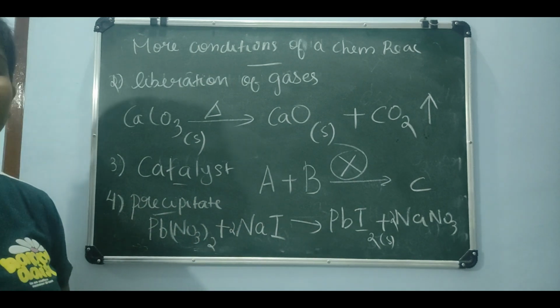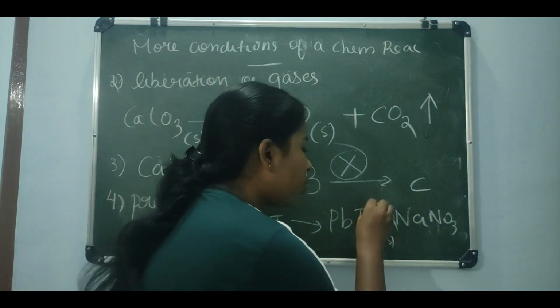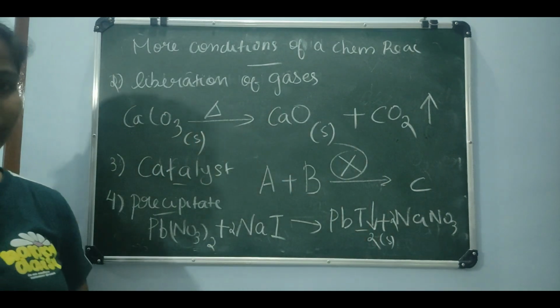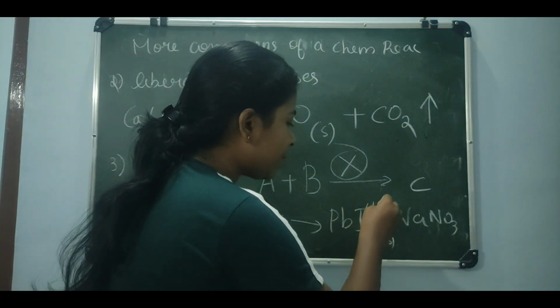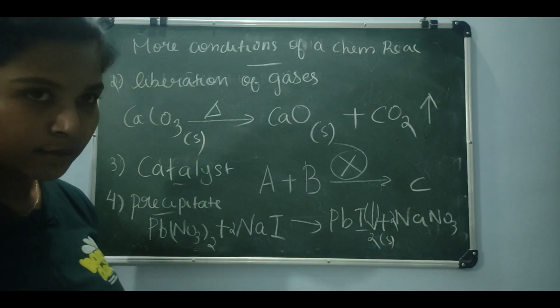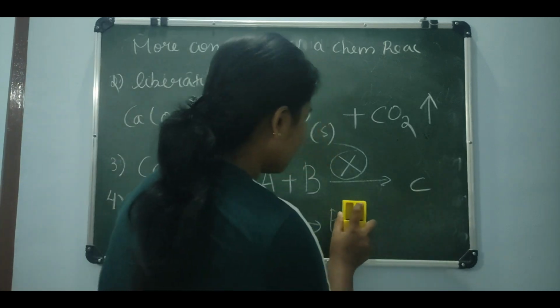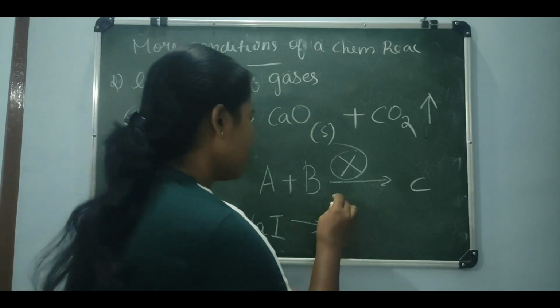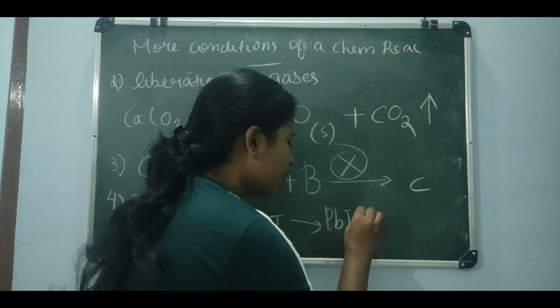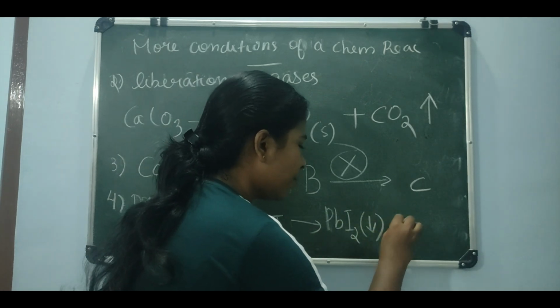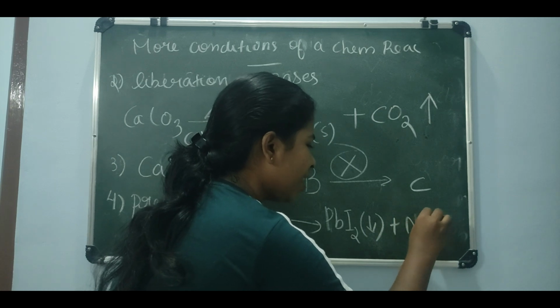How will you represent the precipitate? See, a downward pointing arrow represents the precipitate. So what does that mean? If it's not clear, write on one side PbI2 downward arrow, plus NaNO3.